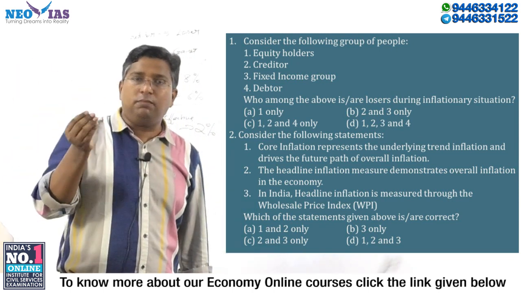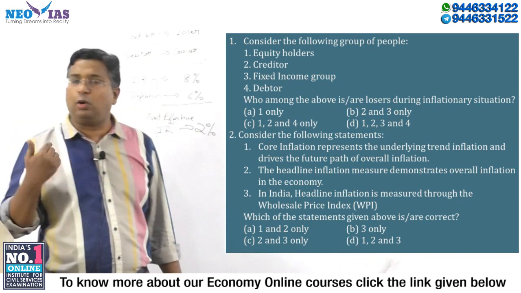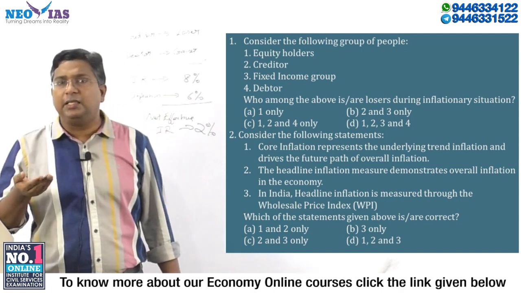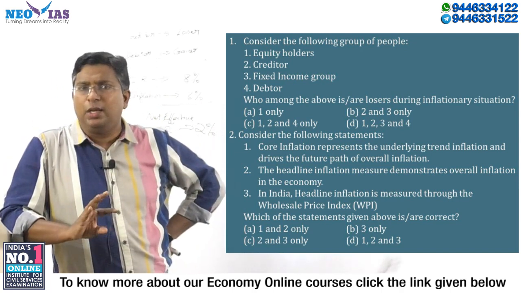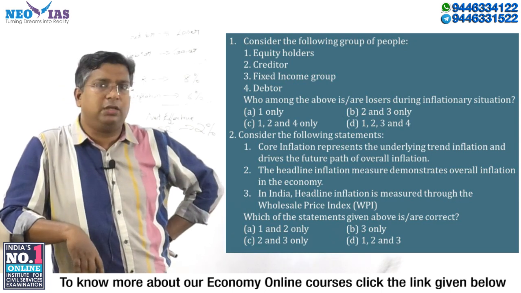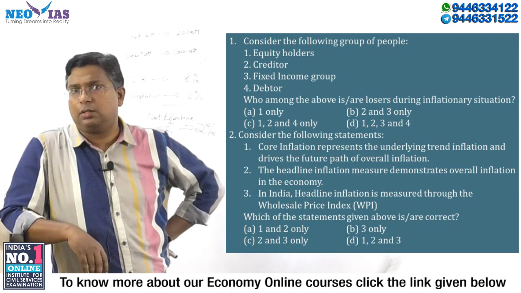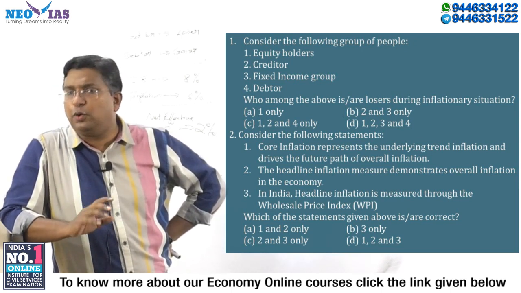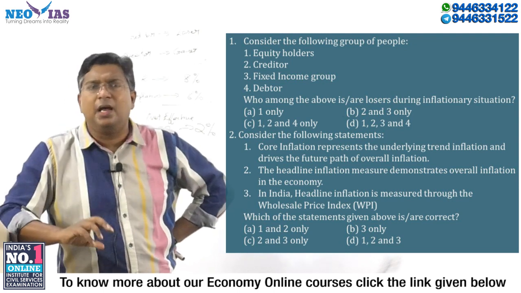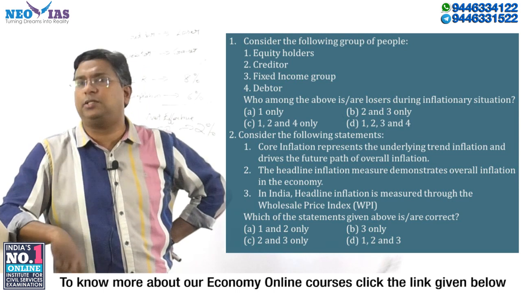Now if you look into the many components in the inflationary index, like wholesale price index or consumer price index, there are many items which are volatile because you cannot predict their price movement. For example, oil products, petroleum products or food items. Food and fuel items, their price is almost volatile. It is unpredictable.